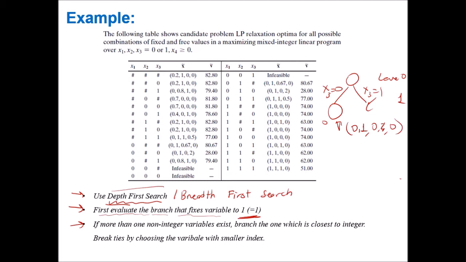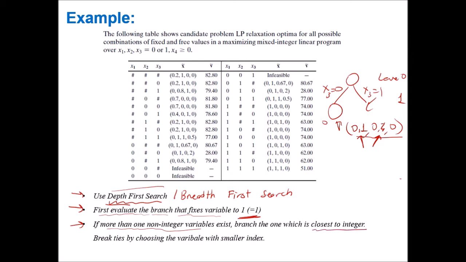This is the solution that I obtained from the table. If there is more than one non-integer variable, this one and this one, both non-integer, it says to branch on the one which is closest to integer.